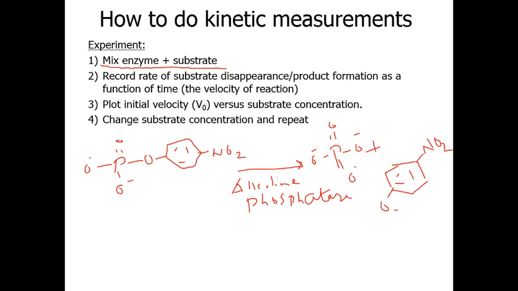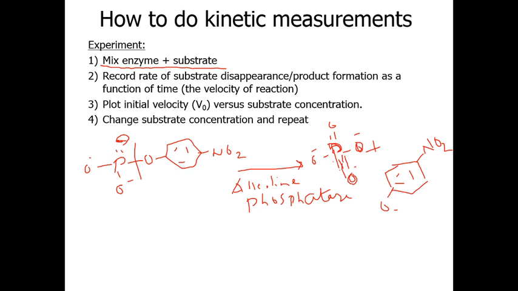So what it is doing is it is cleaving this bond and it is adding an oxygen to the phosphate. So this is P double bond O. Now this is a very important reaction. This is an example of alkaline phosphatase.